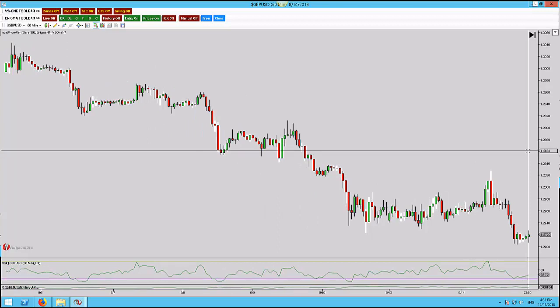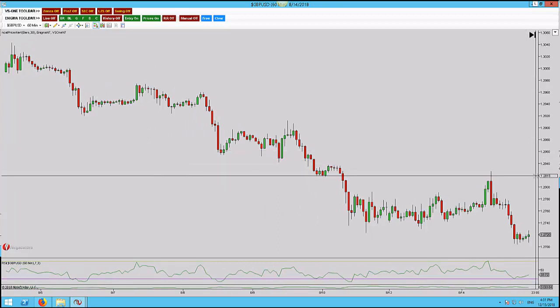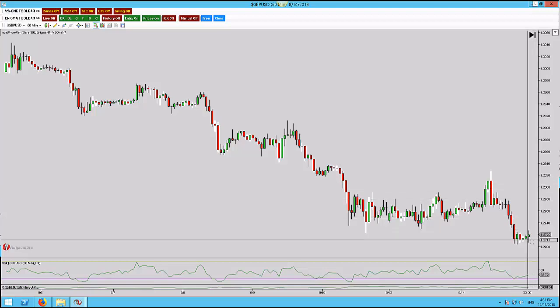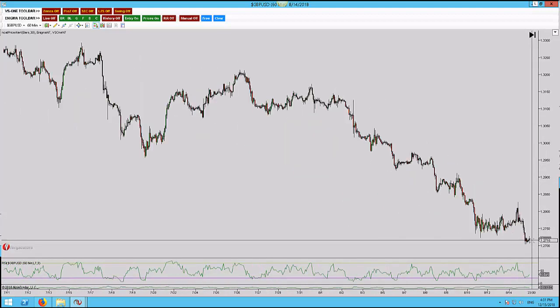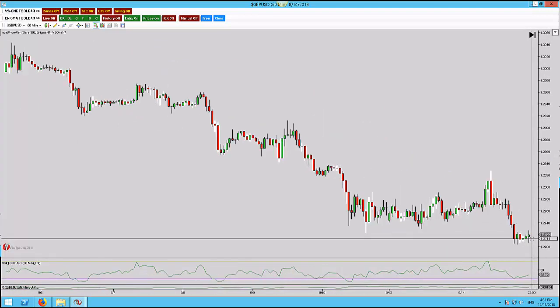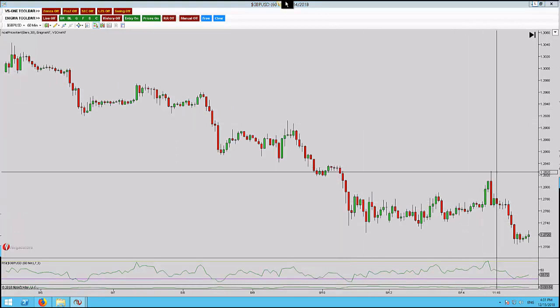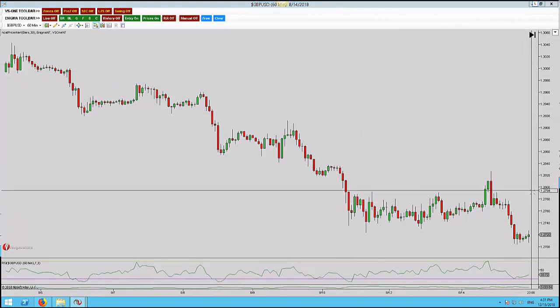Could we be looking at a flag pattern on the 15? So we're down at this level. Just look left. Nope. Okay, not interested in that.